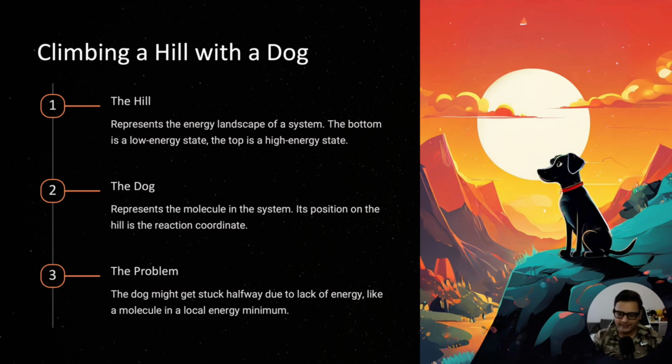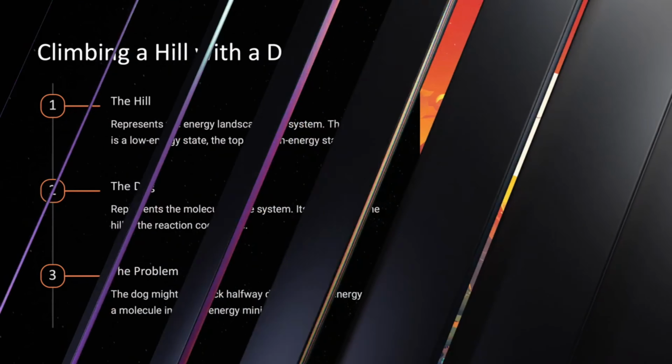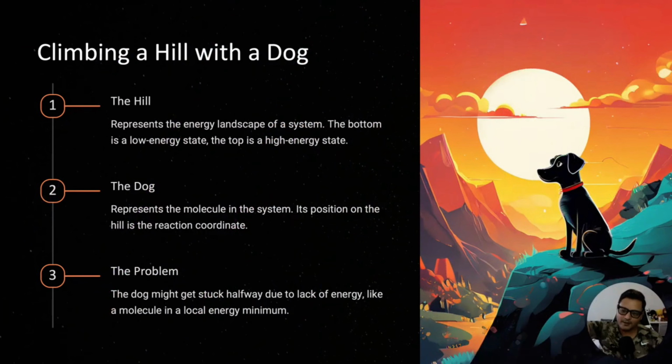The bottom is the low energy, which is the stable state, where you are standing right now, and the top is the high energy state. And the dog represents the molecule in the system. So going from the bottom up to the top of the hill is represented as a reaction coordinate.